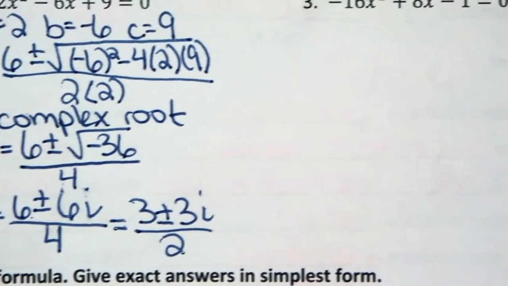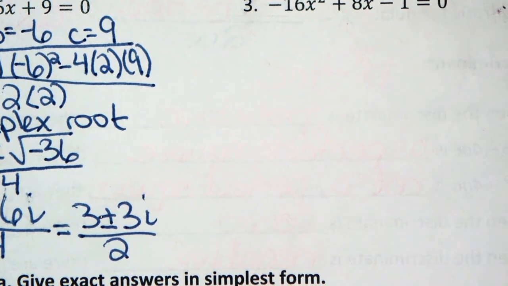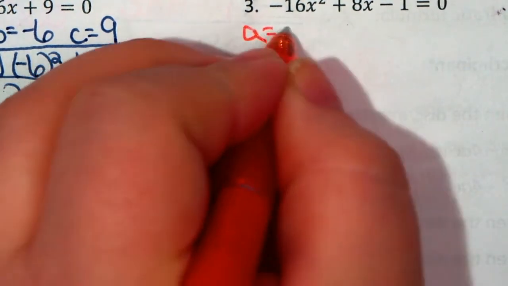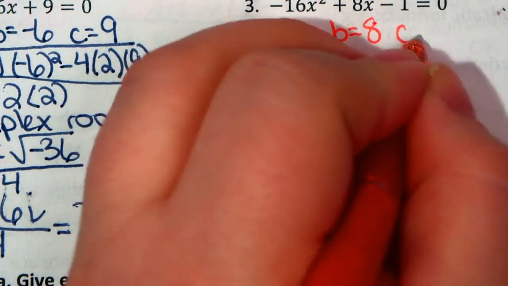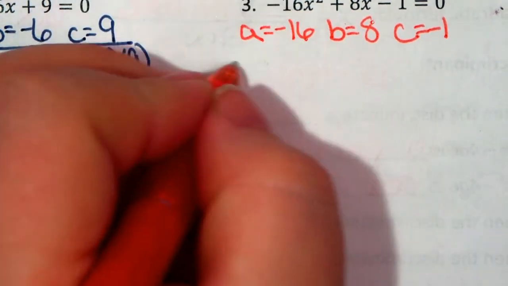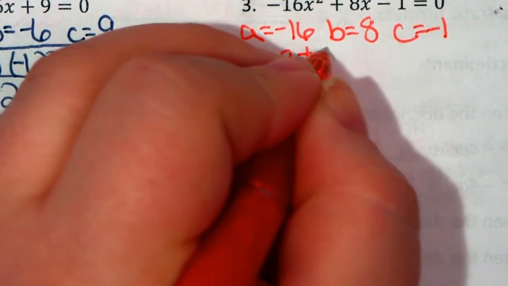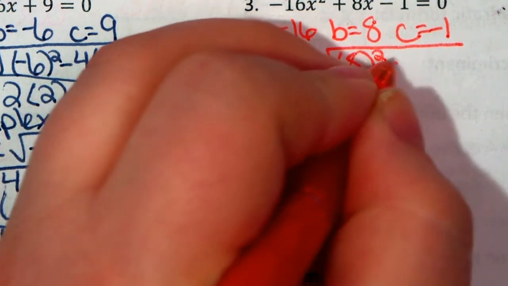Number 3. A equals negative 16, B is 8, C is negative 1. We'll plug it into our formula. x equals negative b plus or minus the square root of b squared minus 4ac all over 2a.